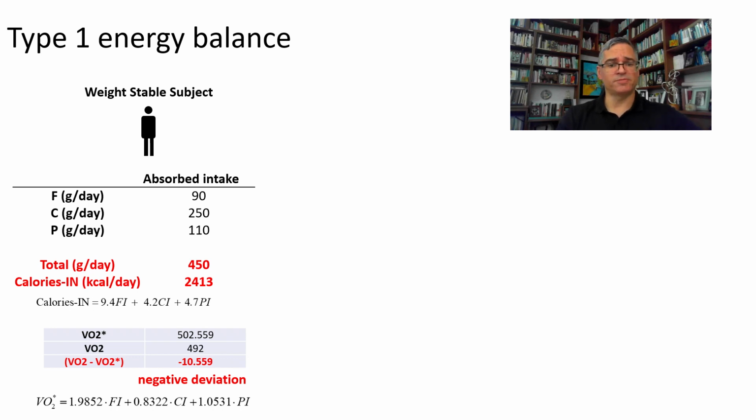Hence, the subject is under type 1 energy balance since the average VO2 deviation is negative with a value of about minus 10.5 liters. As this subject is weight stable, the average absorbed energy must be equal to the average expended energy, and the average total absorbed mass must be equal to the average total net oxidized mass.